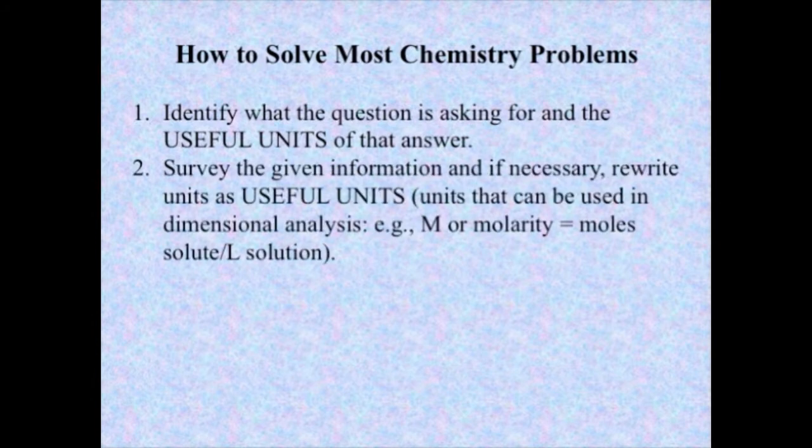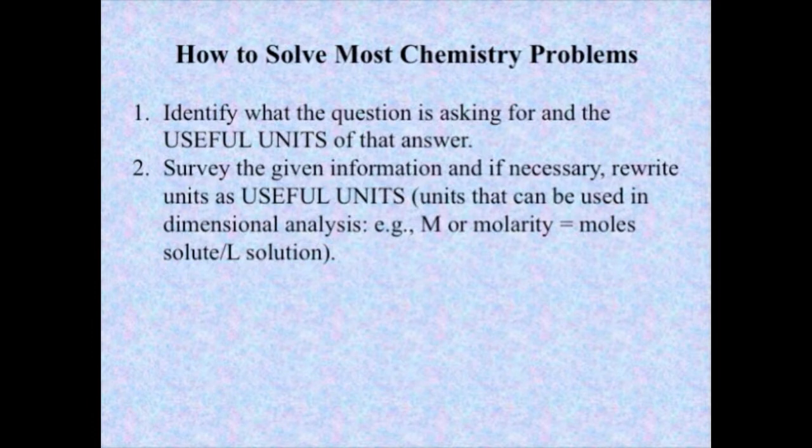So survey the given information and if necessary rewrite units as useful units. By useful units I mean units that can be used in dimensional analysis. For example, instead of molarity, which is a perfectly great unit, but you can't use a capital M or the word molarity in dimensional analysis.